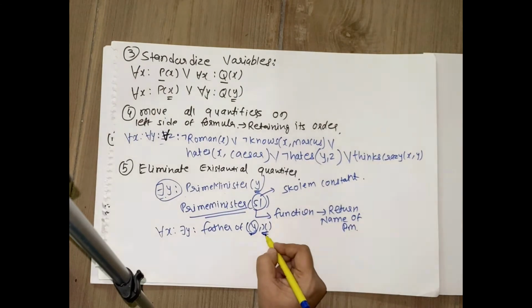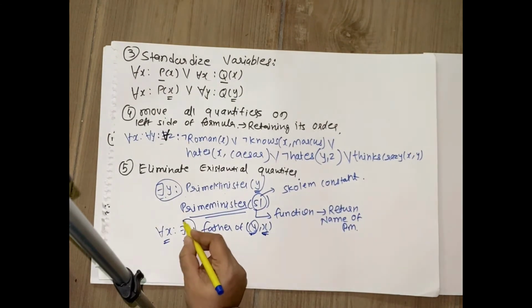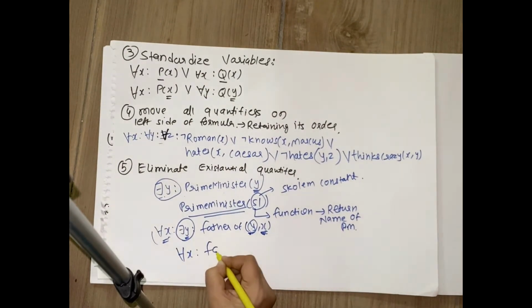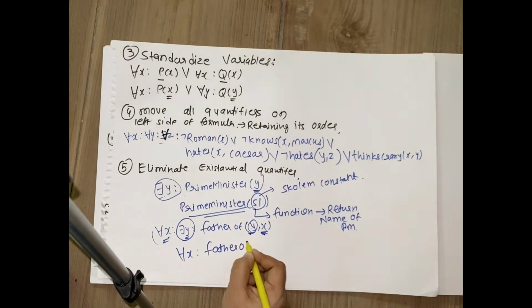So if you want to eliminate there exists y over here, then the value of x is important, because based on the value of x, it is going to decide the value of y. So what you have to do over here, for all x, father of.